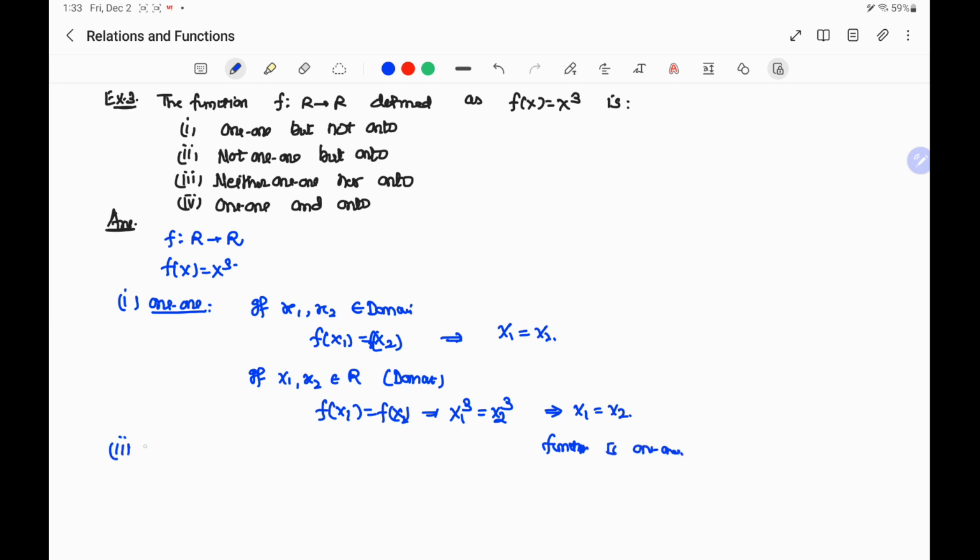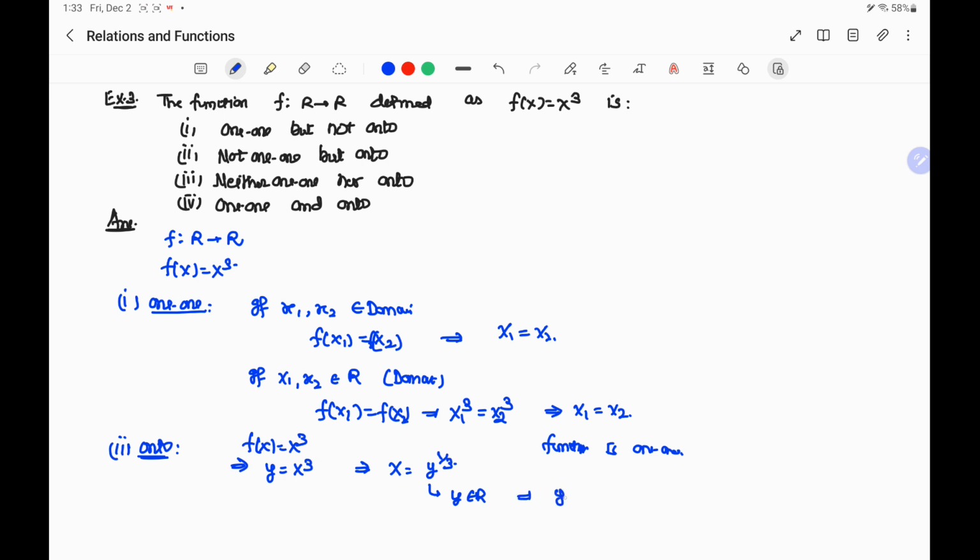Second, we have to check whether it is onto or not. We are given that the function f(x) is equal to x cube, so we can write the image as y, and y is equal to x cube, or for a given image y, the value of x will be y raised to the power 1 by 3. y belongs to the set of real numbers.